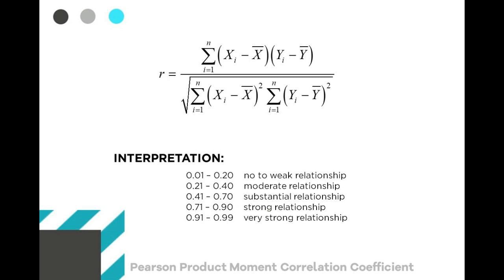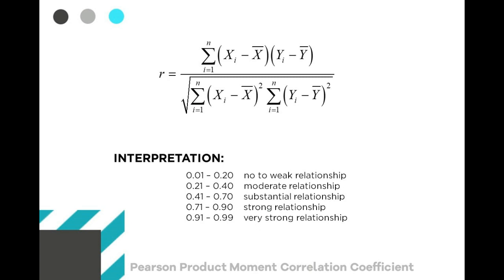Okay, so in order to interpret our correlation, we do use this interpretation. So if the result in r is 0.1 to 0.20, they have no or weak relationship. Okay, if they have 0.21 to 0.40, they have moderate relationship.